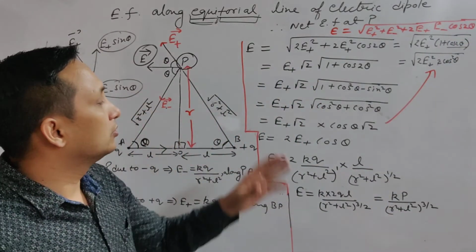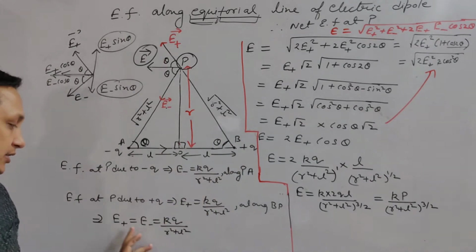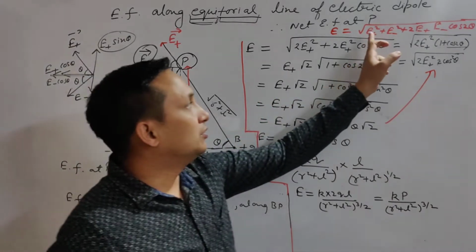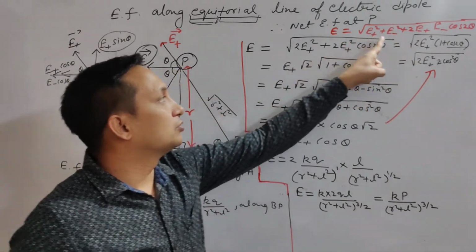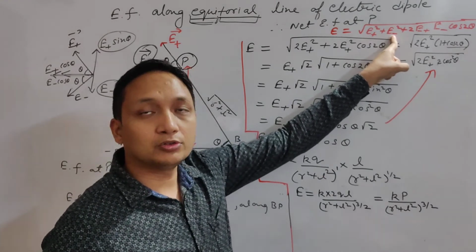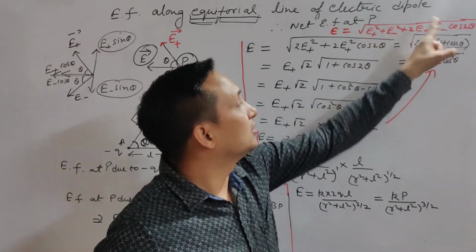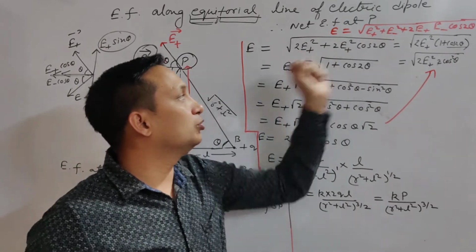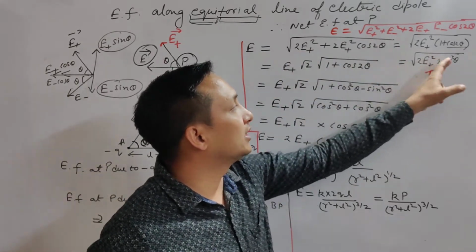Since the magnitudes of both vectors are equal, we can take E minus also as E plus. So it becomes 2E plus square, cos 2 theta.